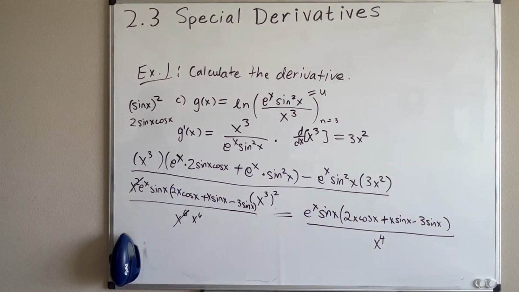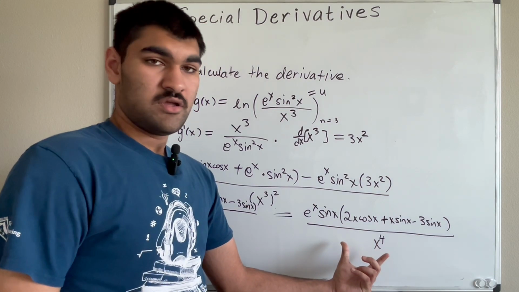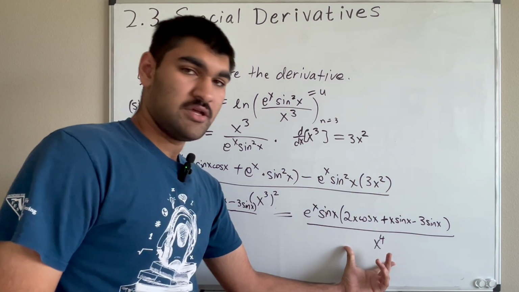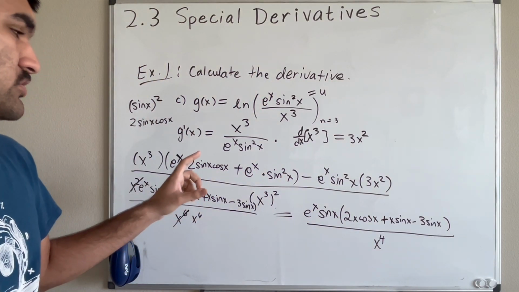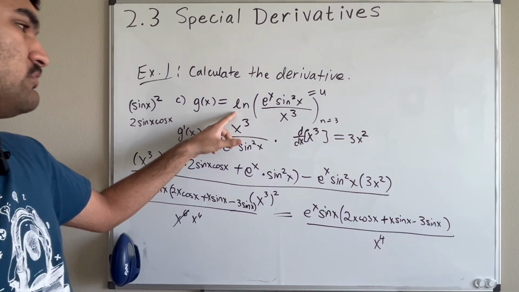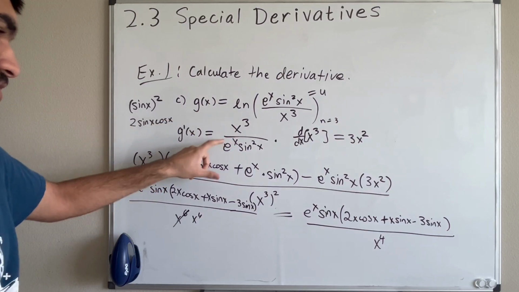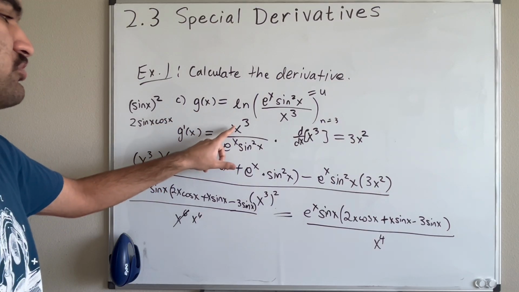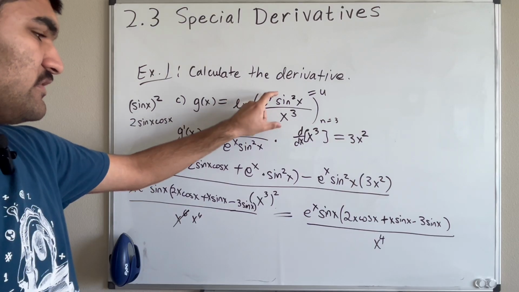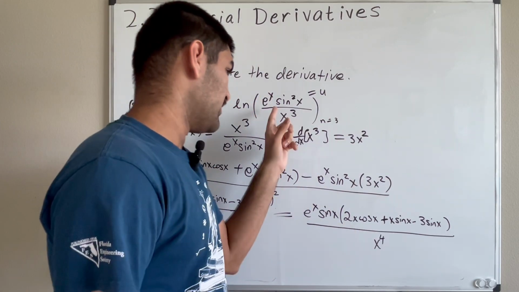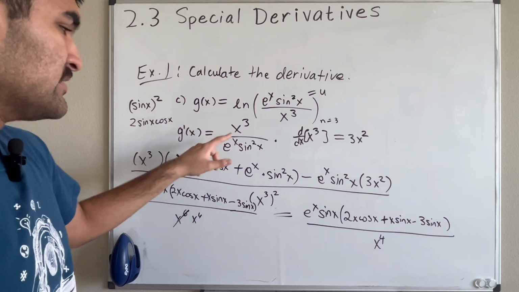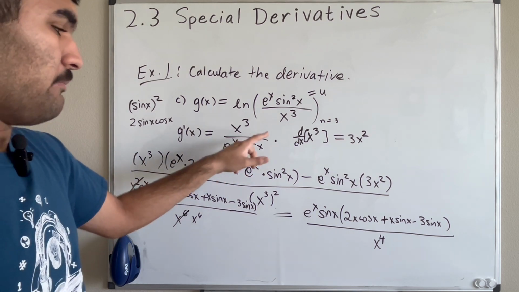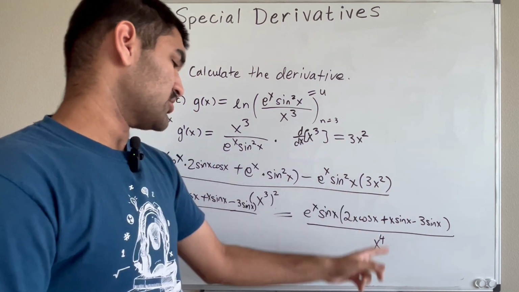Okay, well then just remember that this whole expression is only the derivative of this inside expression. Because originally we had done chain rule, right? We took the derivative of natural log first, and we got this. And then we were trying to multiply that by the derivative of this. But now we have found the derivative of the inside function, it's just this. So we have to take x cubed over e to the x times sine squared x and multiply it by this whole expression.